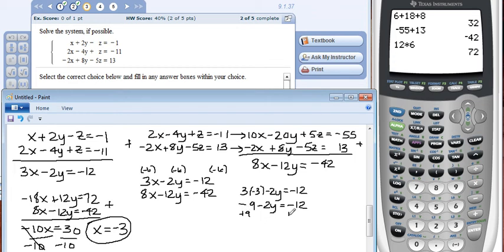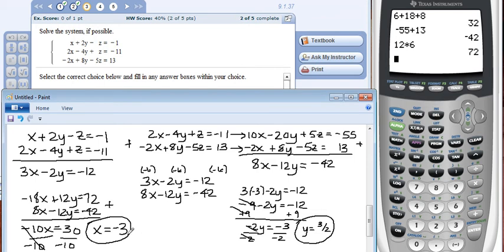Add my 9. The 9's are gone, so I've got negative 2y left on this side. Negative 12 and 9 is negative 3. Divide through by negative 2, and y is a positive 3/2 because a negative divided by a negative is a positive. There's another answer, ick. That's all I can say about that is ick.